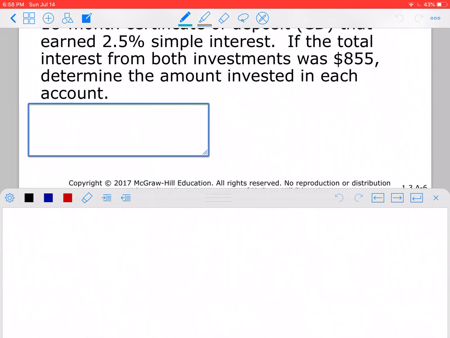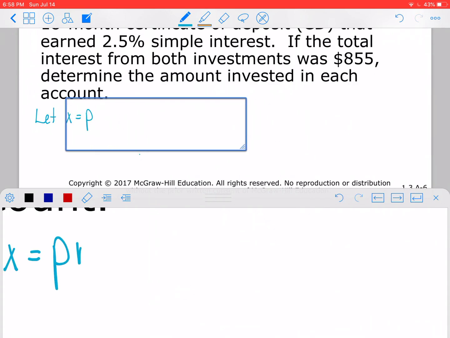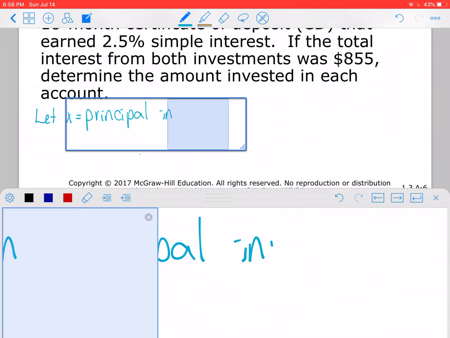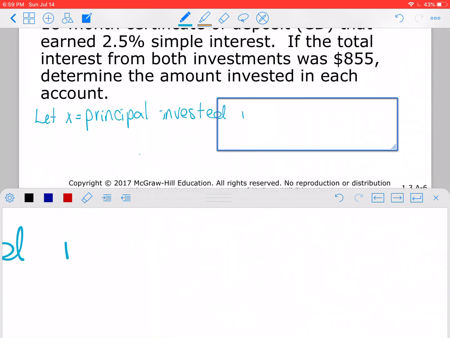So the first thing we're going to do is define a variable for the amount invested in one of the accounts. So we're going to let X be the principal invested in the stock fund.